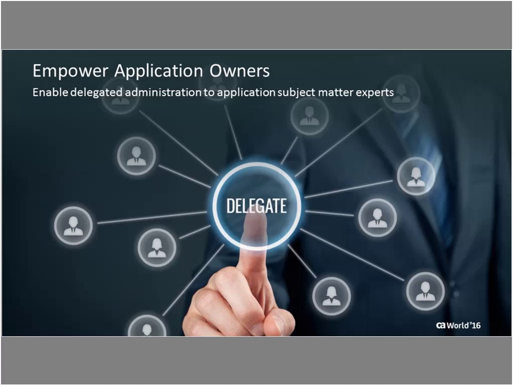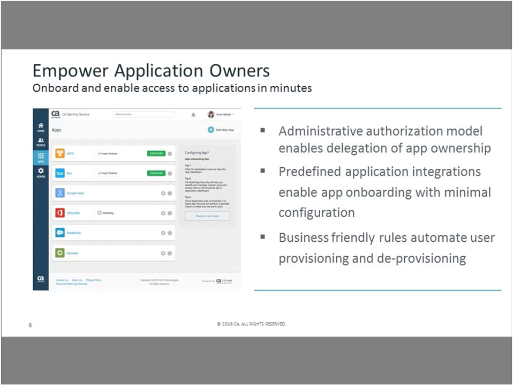Provide them with the tools that will make them successful, and as well remove IT from being the bottleneck. Put the expertise in the hands of the subject matter experts. So with CA Identity Service, we're able to very rapidly and easily onboard SaaS-based applications and enable provisioning to those SaaS-based applications with our rich bidirectional connectors.